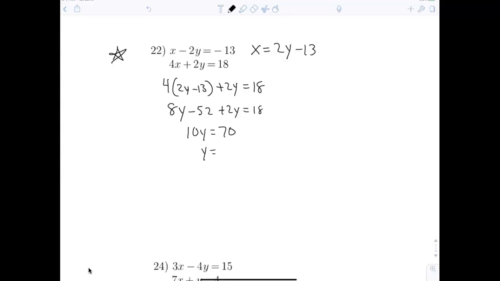So y is equal to what? 7. So now I'm putting 7 right up in here. So x is equal to what? 1. Right, 14 minus 13, which is equal to 1. So my answer is 1 comma 7. X goes first. Is everybody good on this?